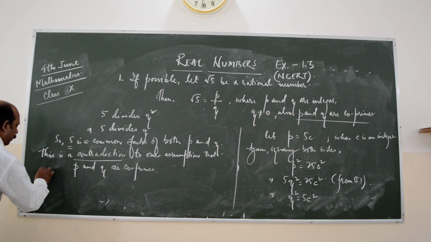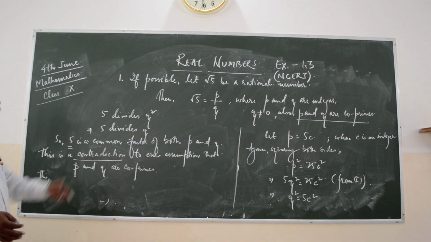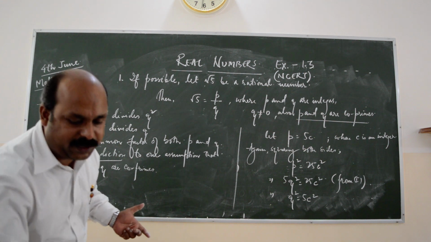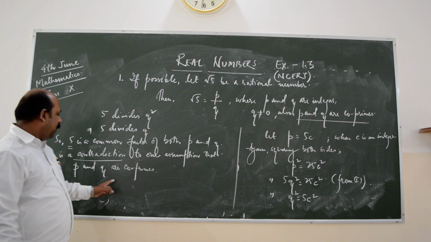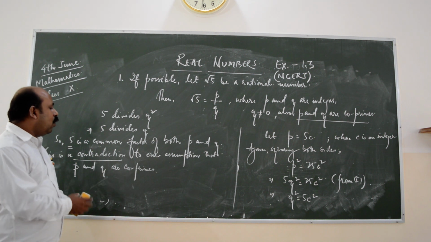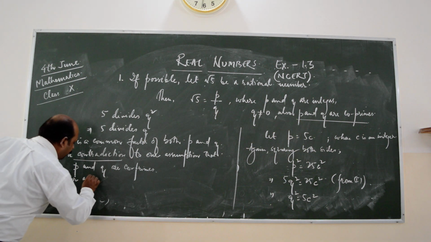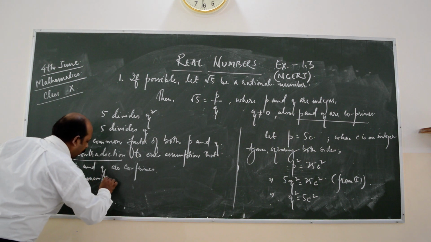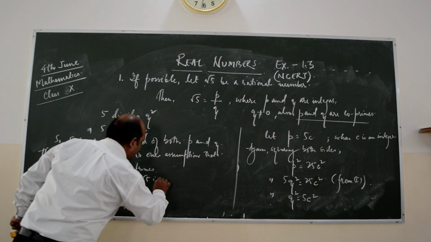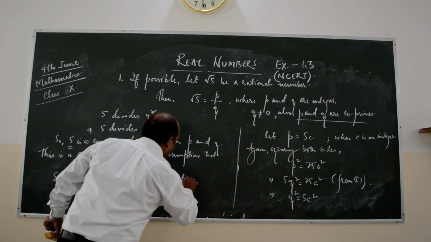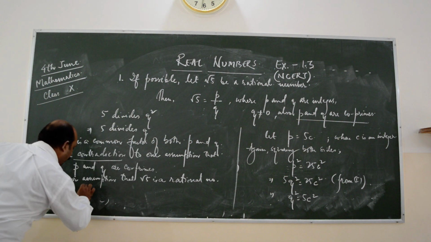This contradiction, or we can simply say our assumption is wrong. Why write such a long statement? So we can say from here, since this is a contradiction to our assumption that P and Q are co-primes, our assumption that root 5 is a rational number is wrong.